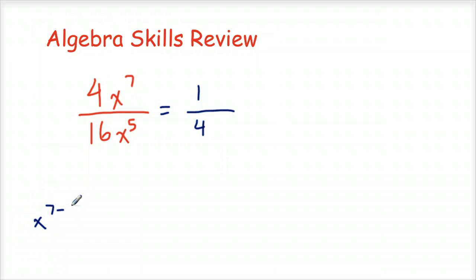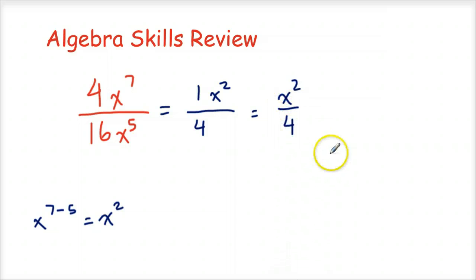It's going to be x to the 7 minus 5, which is going to be x squared. Now, where that goes, I'm thinking of if this number is positive or negative. So the exponent here is positive, so that means it's going to go up in the numerator. So I have 1x squared over 4. You could also write that as x squared over 4.